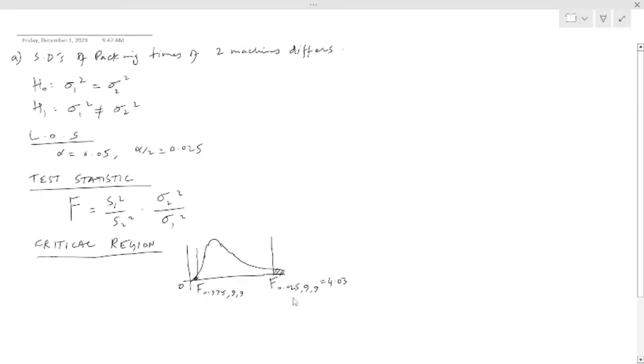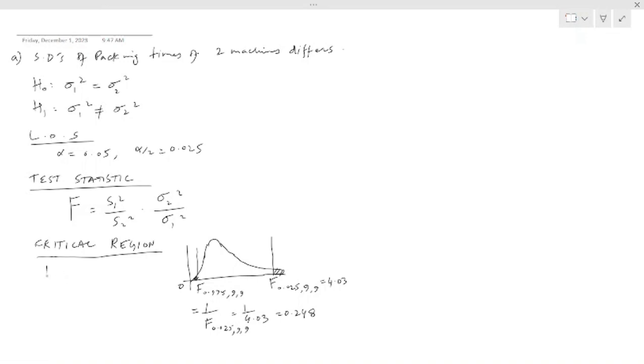And what we know is the lower bound of 0.975 we can approximate as 1 upon F 0.025, that's 1 upon 4.03, and that will be equal to 0.248. So this is the working that we need to perform when we are going to determine the lower bound for the F test.